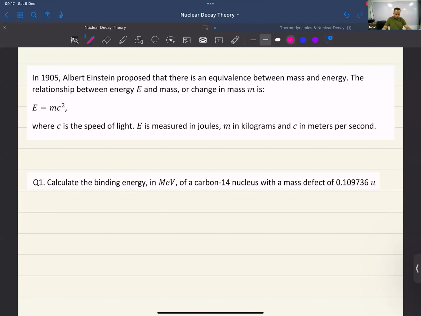Right? Where c is the speed of light. We have made this equation before, right? E is measured in joules, m in kilograms, and c is in meters per second. Okay.